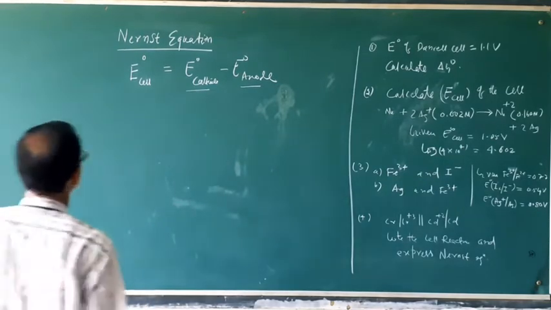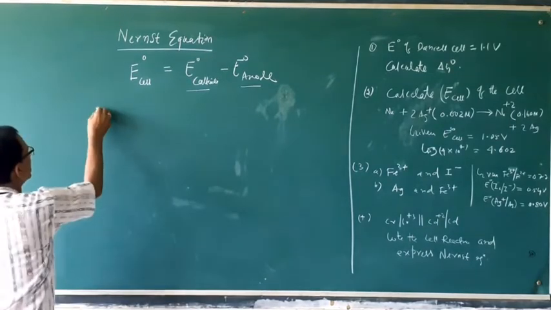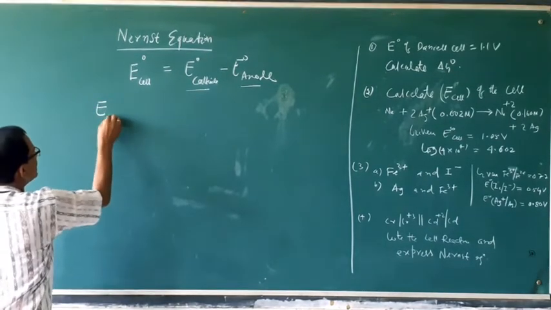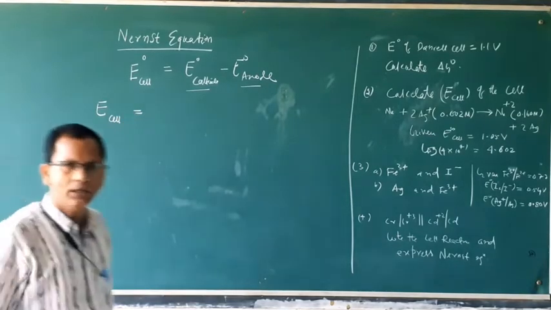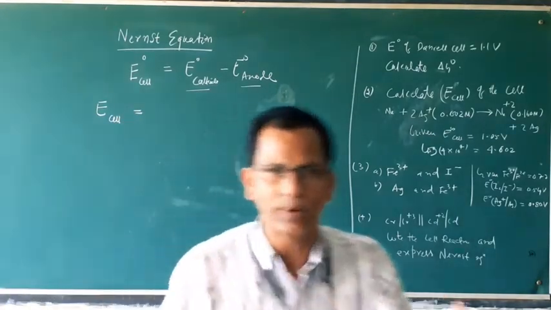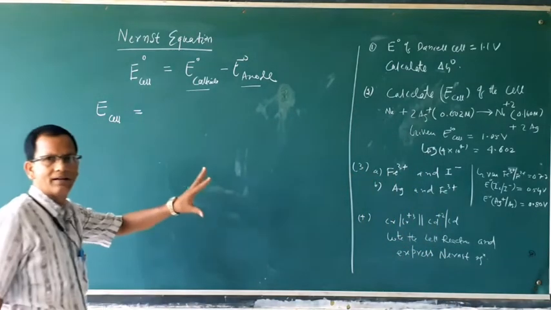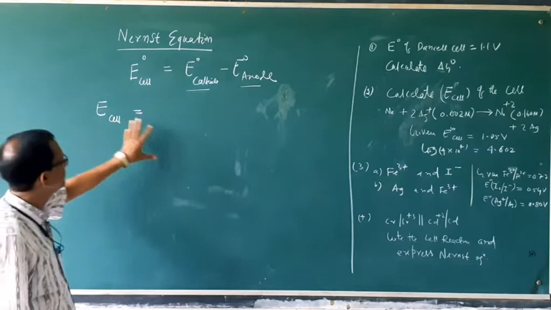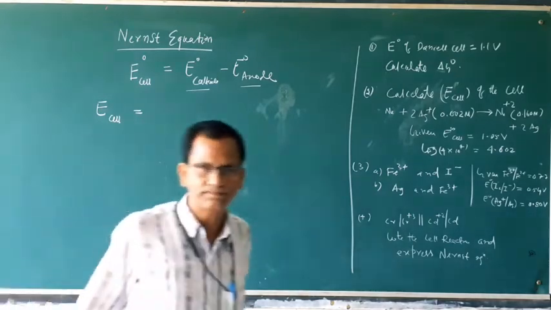Generally, Nernst derives the relation for E of any cell at any temperature, or you can take it in the standard state also.